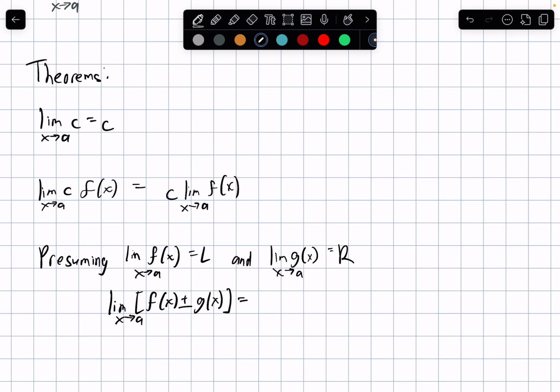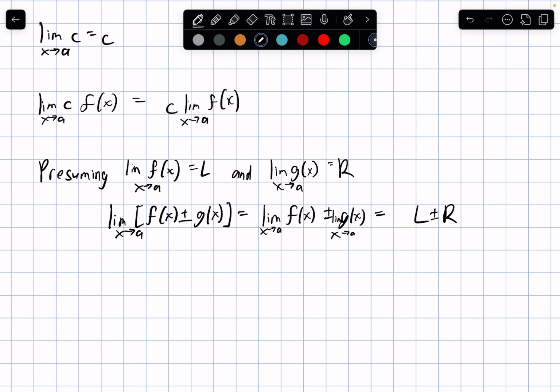Plus minus, basically distribute the limit. So in other words, that.